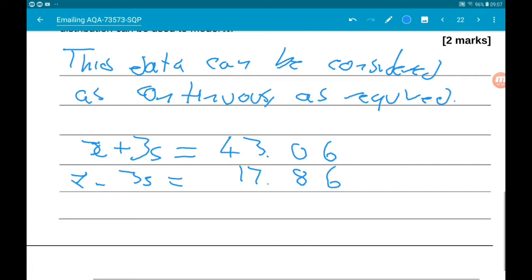So we know that our minimum and maximum amounts were £22 and £40.48.